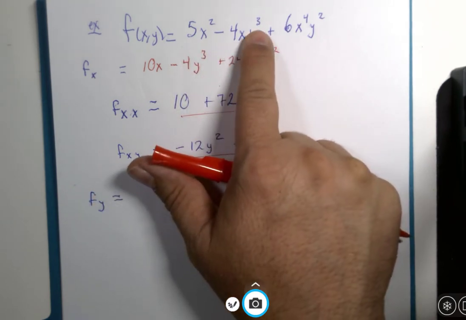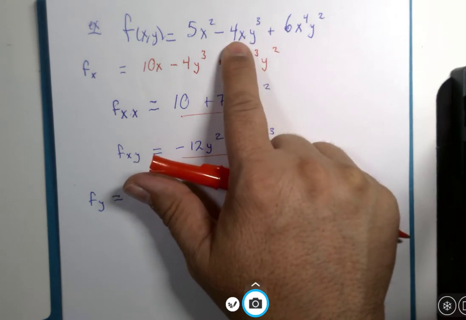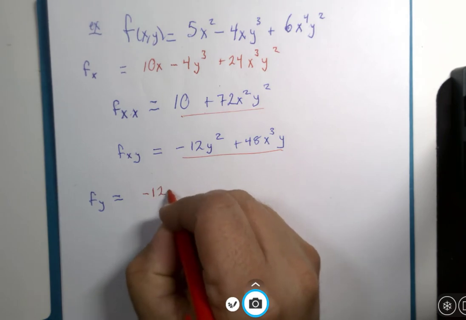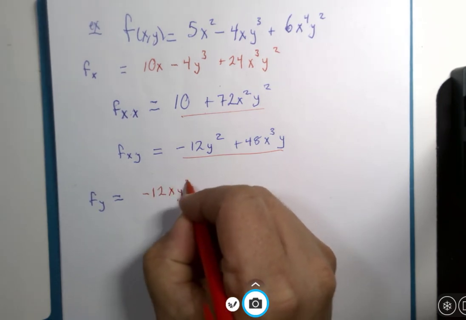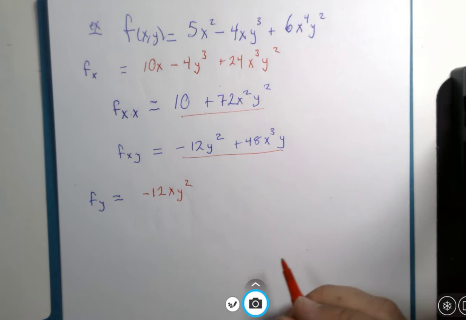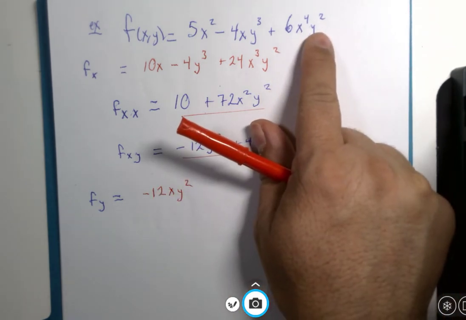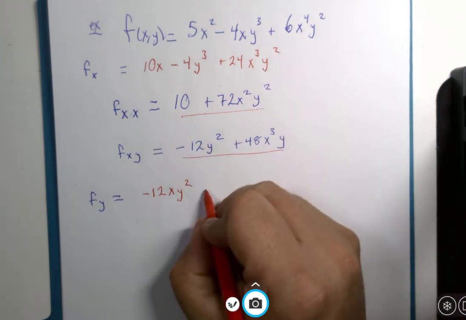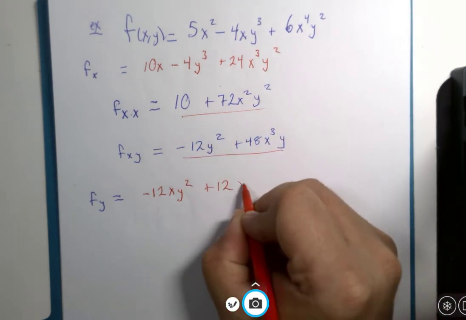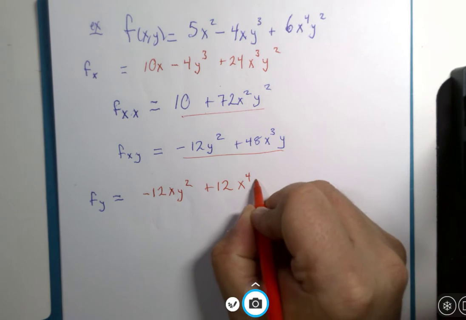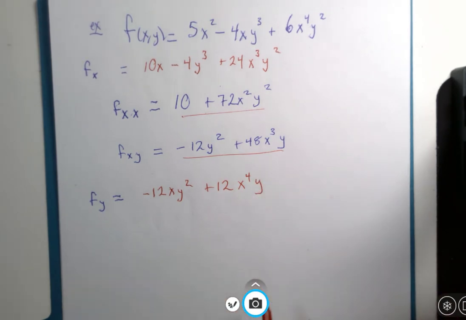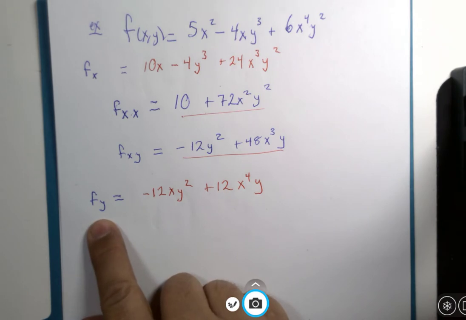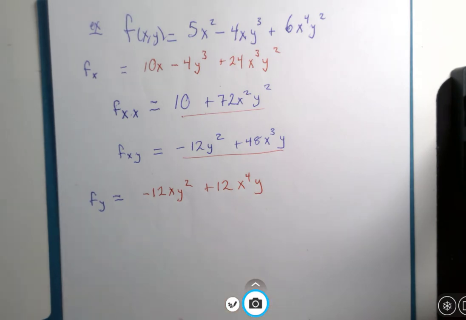Then this would be 3 times 4 is 12, negative 12x y squared, and 2 times 6 is 12, x to the fourth y. So that would be the first derivative with respect to y, that partial with respect to y.